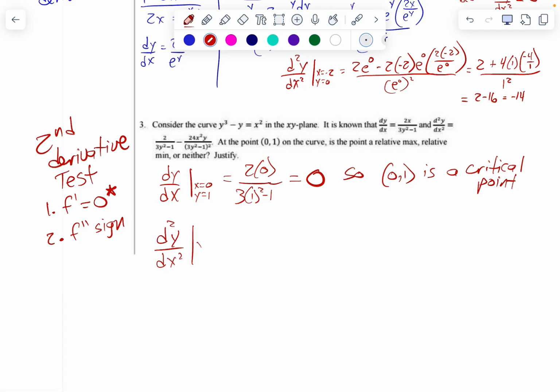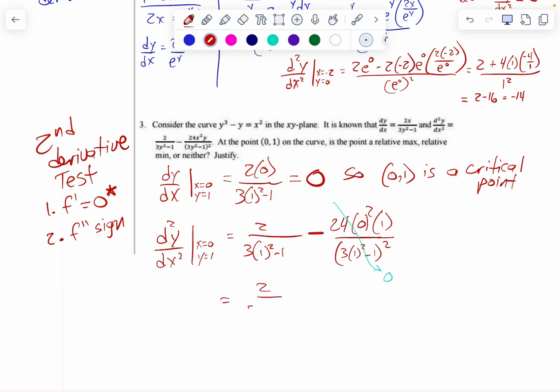Same point, we're still evaluating at x equals 0, y equals 1. Now it's just a lot of being careful with signs. What happens to that whole second part of our second derivative when we plug in x equals 0? That whole thing is just 0, right?